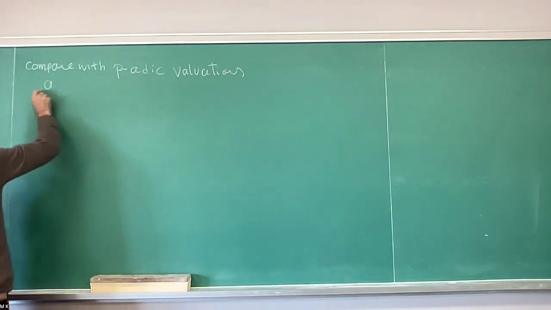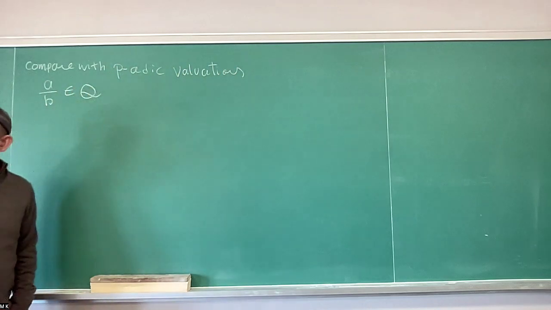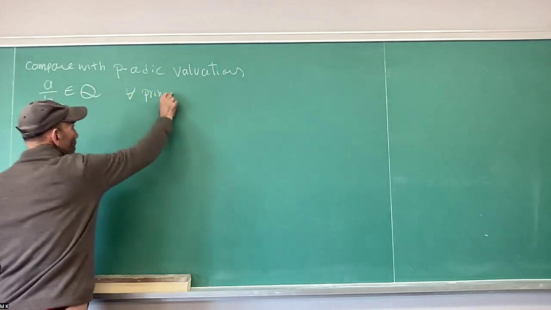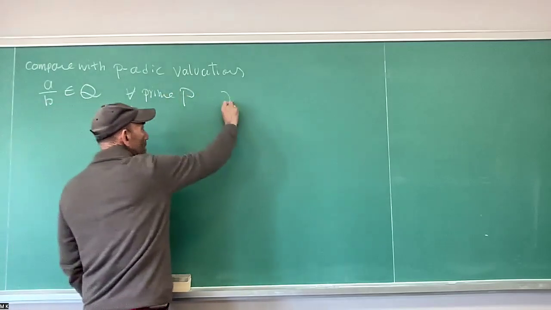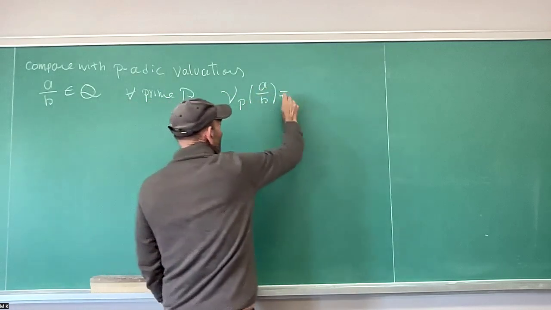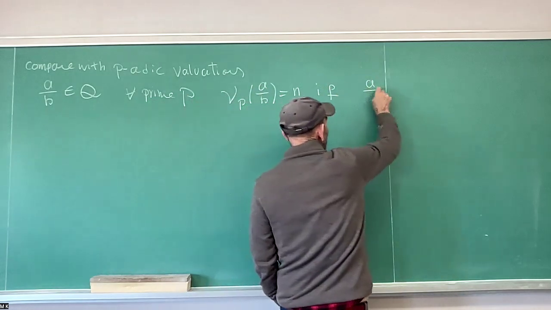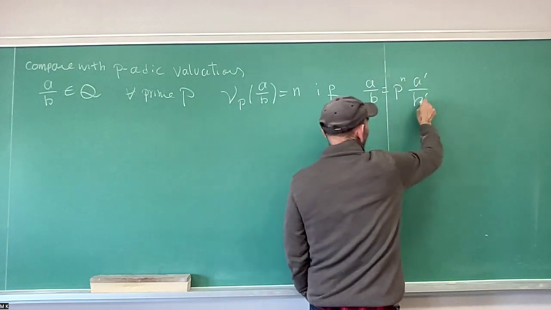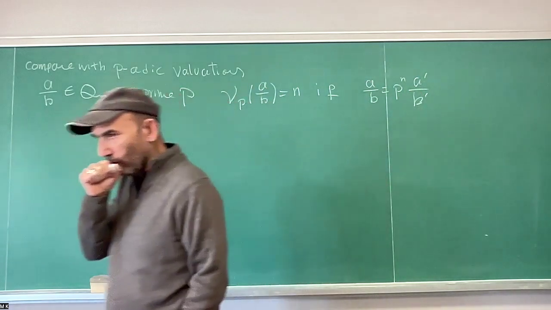So for a/b belonging to Q, I define for any prime p this number ν_p(a/b) to be equal to n if you can write a/b as p^n a'/b', where p does not divide a' or b'.